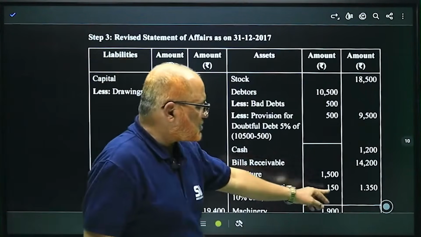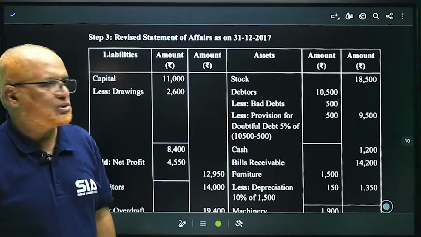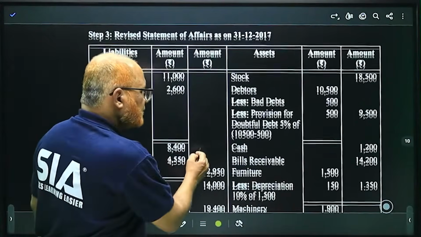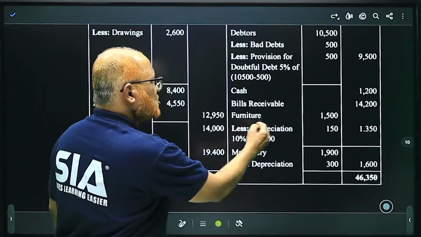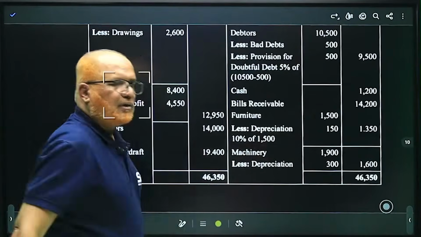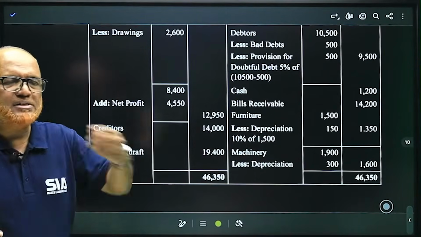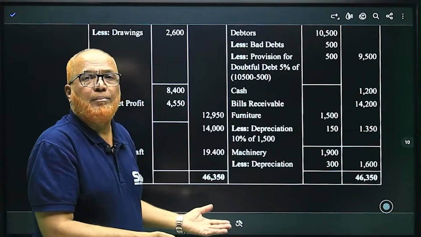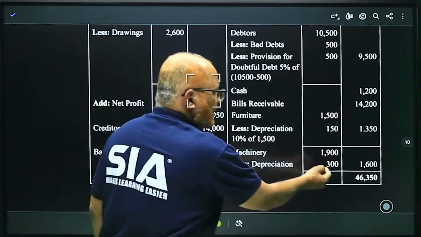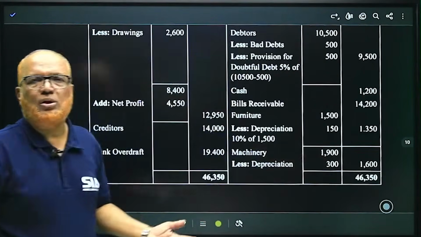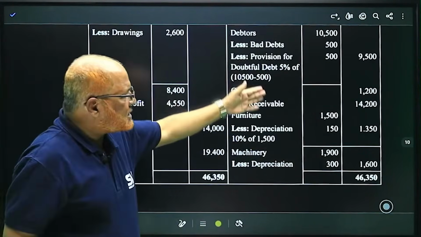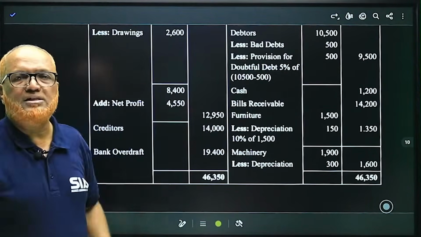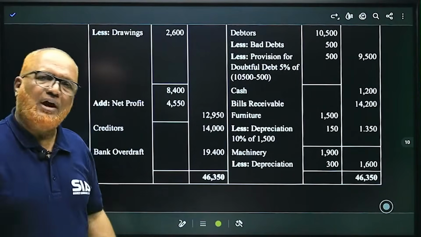So 1,500 minus 150 is 1,350. Then, machinery. The book value of machinery given in the problem is 1,900 and depreciation is 300, given in the last paragraph. So 1,900 minus 300 is 1,600. That's all. These are all the adjusted values of assets. This is called the revised statement of affairs.